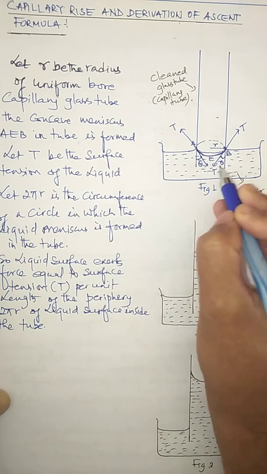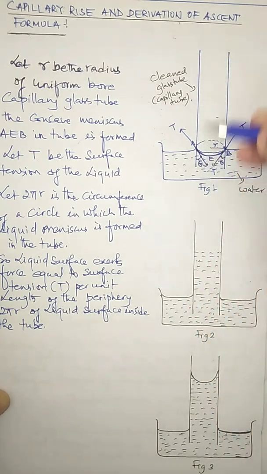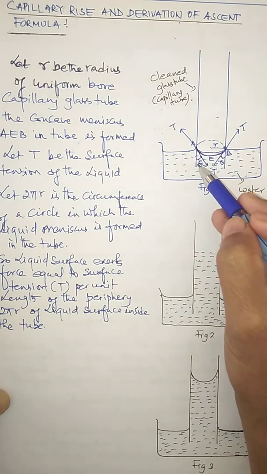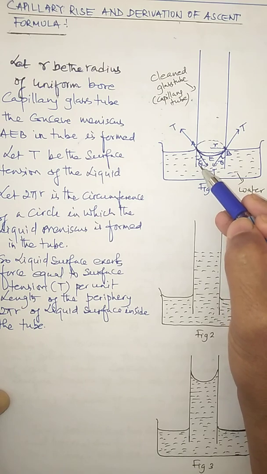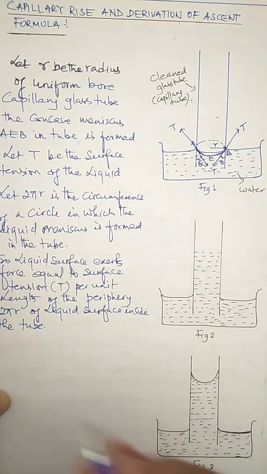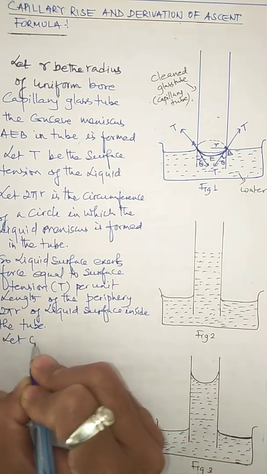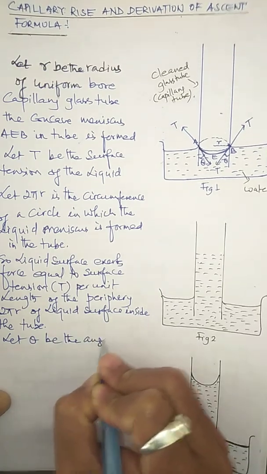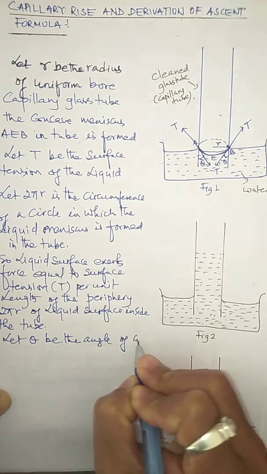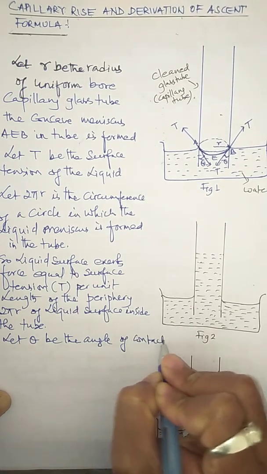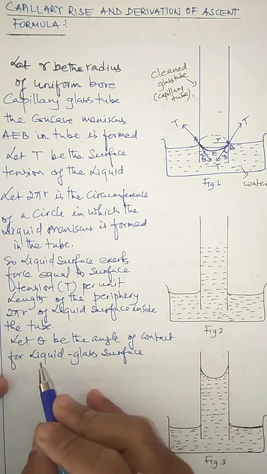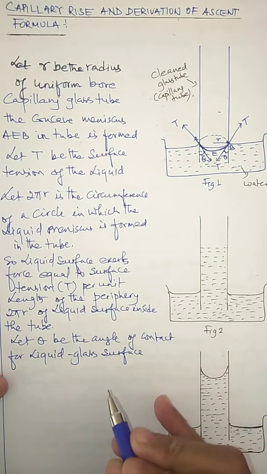This angle theta, between the tangent drawn to this glass plane surface and this tangent which is already drawn, giving the direction of surface tension, is actually measured as the angle of contact. So I just consider here that theta is the angle of contact between the liquid and the glass surface.